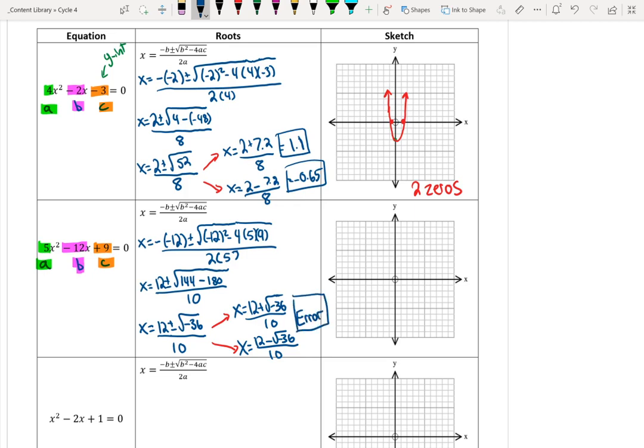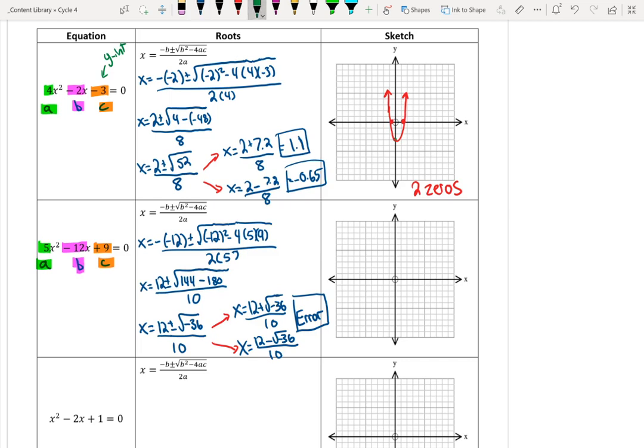So that error is fine. We talked about this in the quadratic formula note. That basically means that you're not going to get any value, which means there are no x-intercepts. Again, I would just double check just to make sure that your calculations are correct.